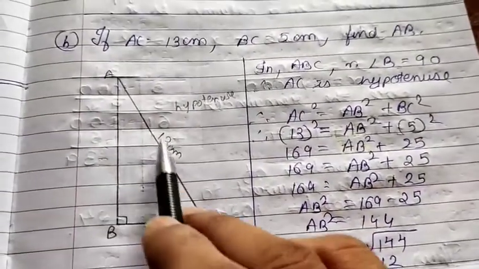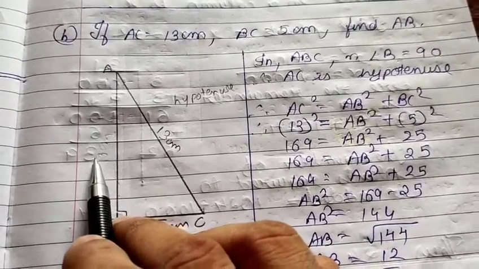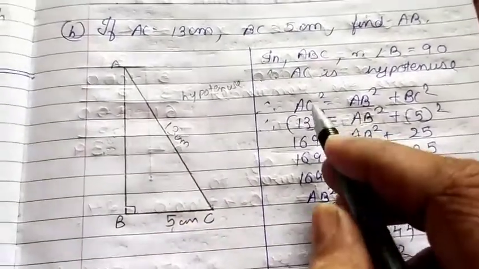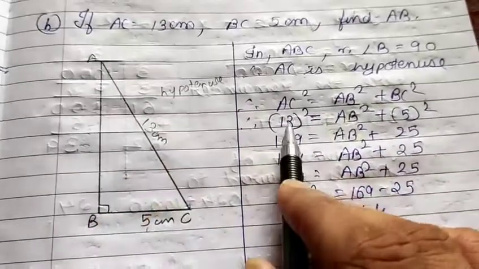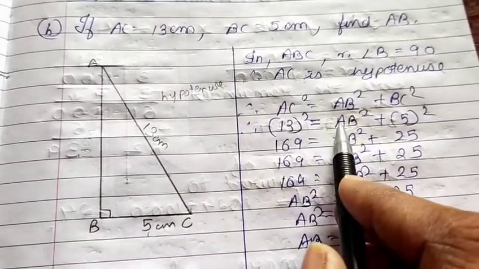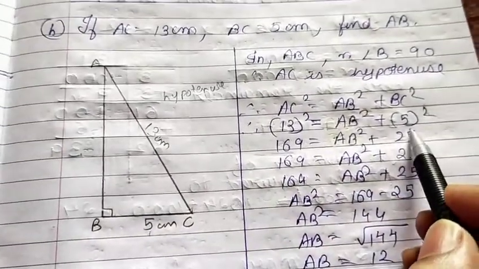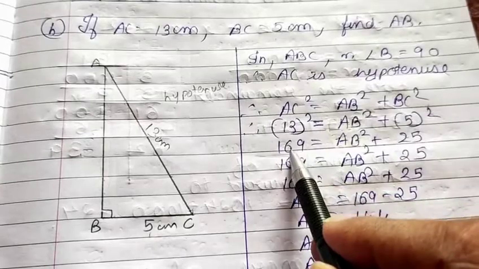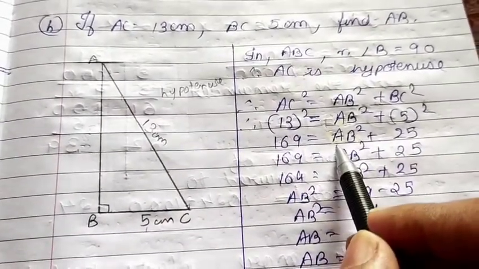Here the length of the hypotenuse is given, and the length of one adjacent side is given, but the other is not. So AC square is 13 squared equals AB square plus BC square, 5 squared. Now the square of 13 is 169, the square of 5 is 25. We need to find the length of AB.